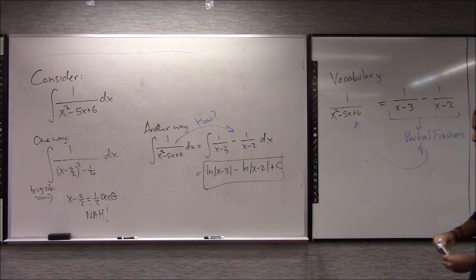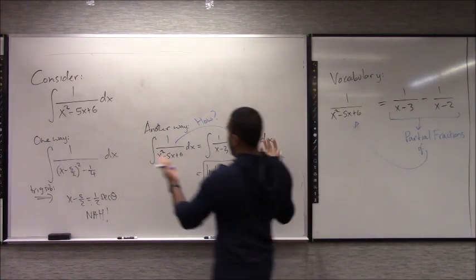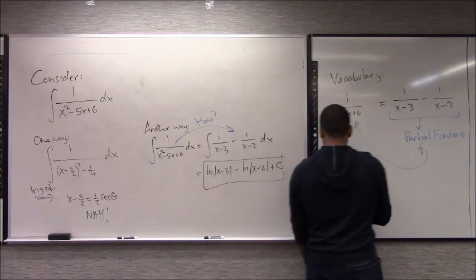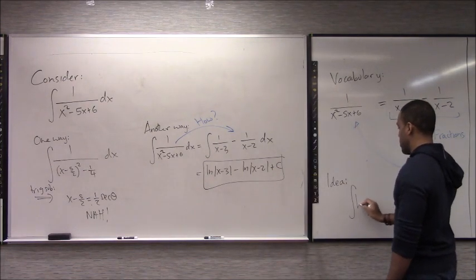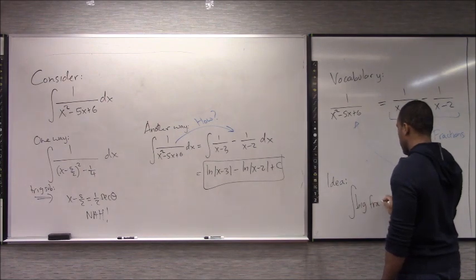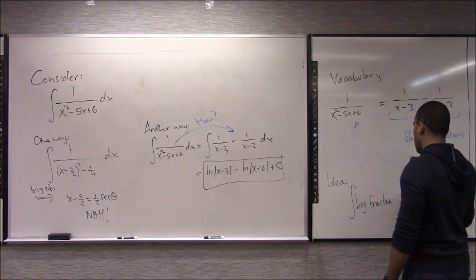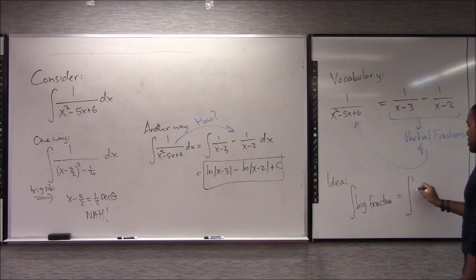As you can see from this example, the idea behind doing this is that the integral of a big fraction is equal to the integral of its smaller partial fractions.